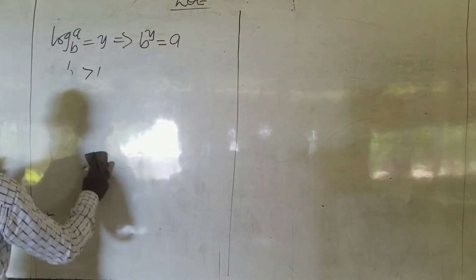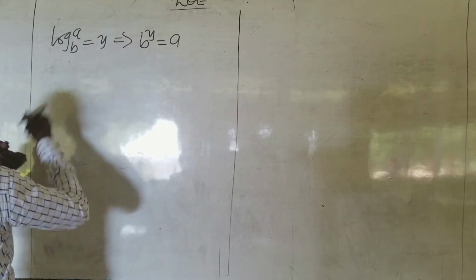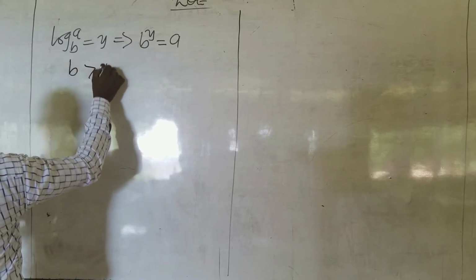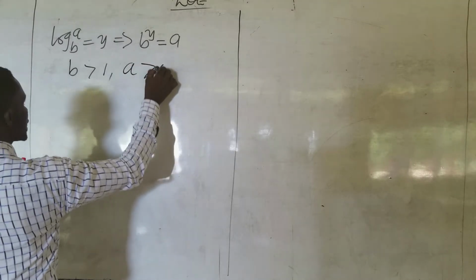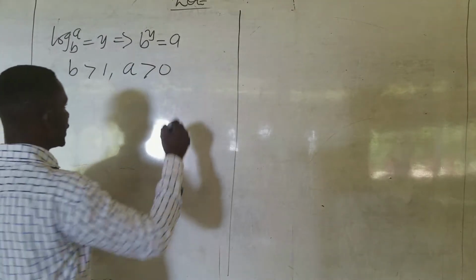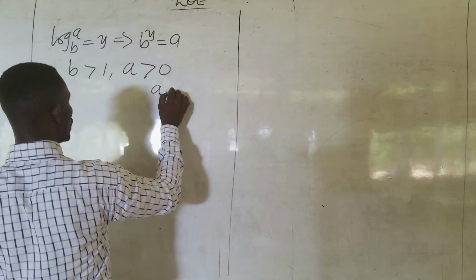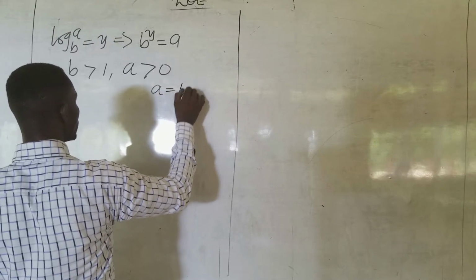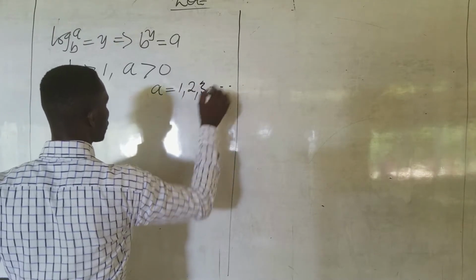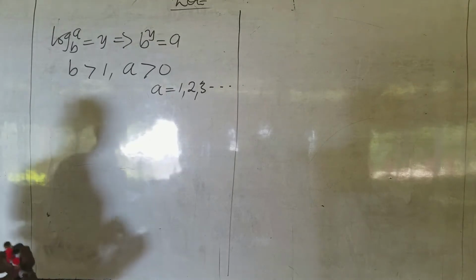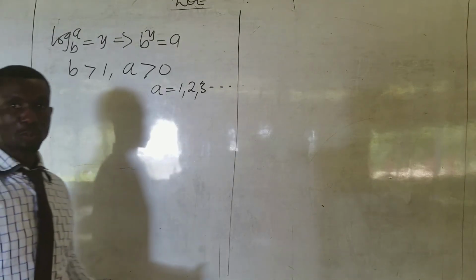Insofar as the base b must be greater than 1, a too must be greater than 0. It means that a should be equal to 1, 2, 3. That's positive natural numbers. That is how it's supposed to be.